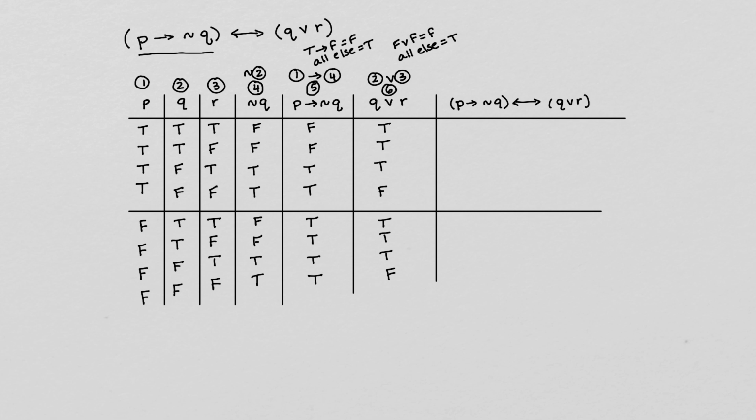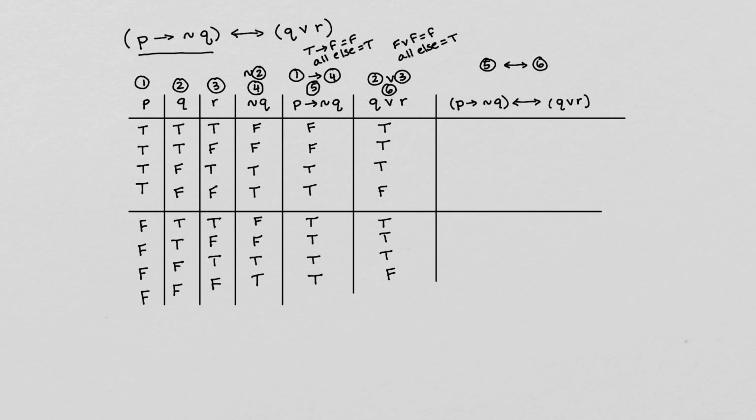So we are taking column 5, if and only if, column 6. So why I like doing this labeling is because then I know I'm only looking at that particular type of statement here. I don't have to think about the rules for negation or disjunction or conjunction.